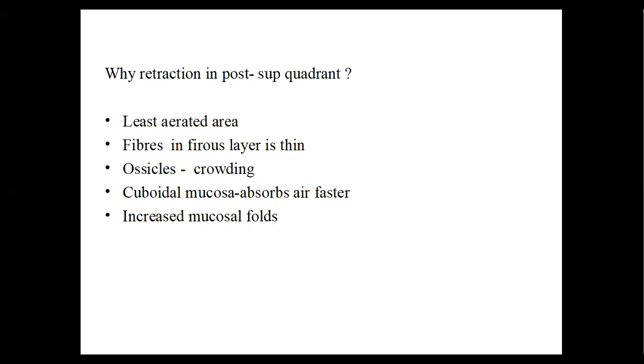Then the ossicles here have crowding, that is, a lot of ossicles sit there in the posterior superior quadrant, so ventilation will again be affected. And the mucosa which lies here in the posterior superior region absorbs a lot of air because it is cuboidal epithelium. Mucosal folds are also there in the posterior superior region, which makes the ventilation slightly inaccessible, making the posterior superior quadrant prone to retraction pockets.